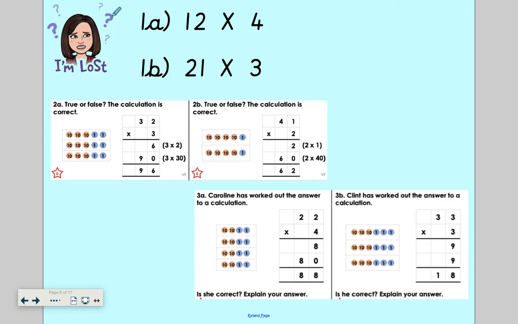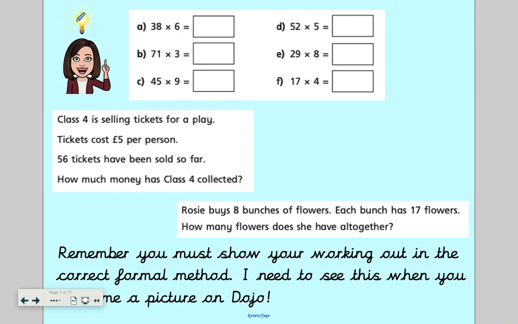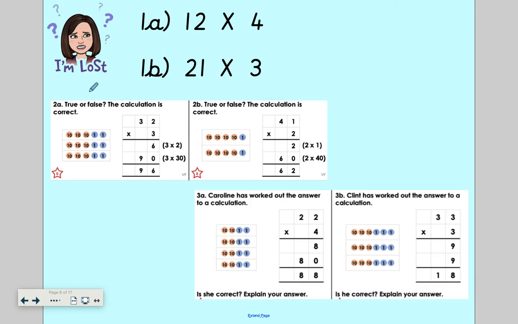You can pause this video so you can see every single question and have a go at these questions on the slide that you are doing. Okay? You can always go back to a slide if you think, yes, I can do these questions, but you're struggling a little bit. You can always go backwards in the video and have a go at these ones as well. But just make sure you let me know when you do that submission on Dojo.